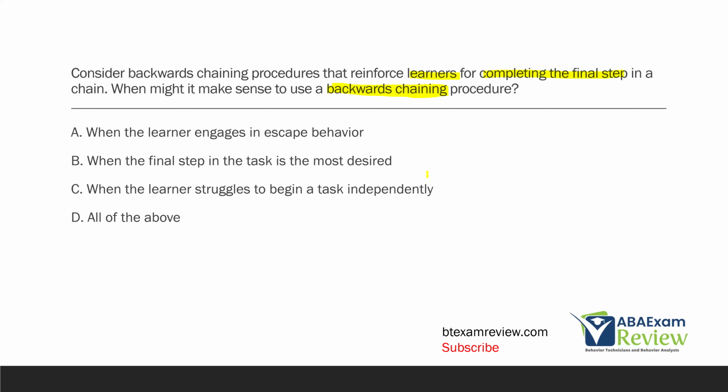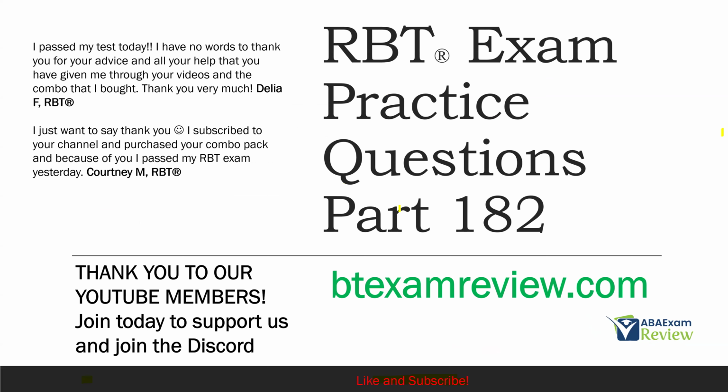And so if the most desired step is the last one, backwards chaining might motivate your learner. And then C, when the learner struggles to begin a task independently, again, sure, because we're going to be prompting through all the beginning steps anyway. So we're going to be beginning the task with that learner, not making them do it independently to start. The only thing they need to do independently is that last step. So it might make sense to use a backwards chaining procedure for D, all the above.